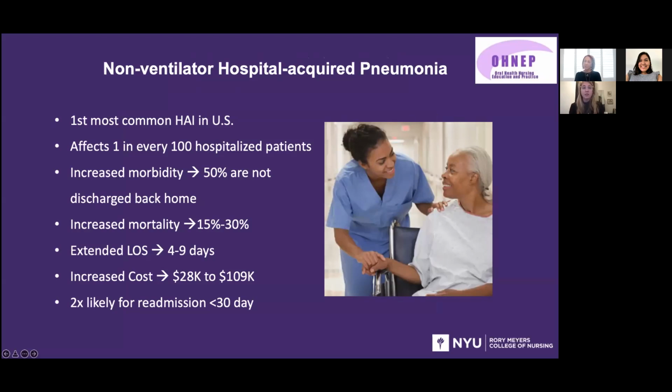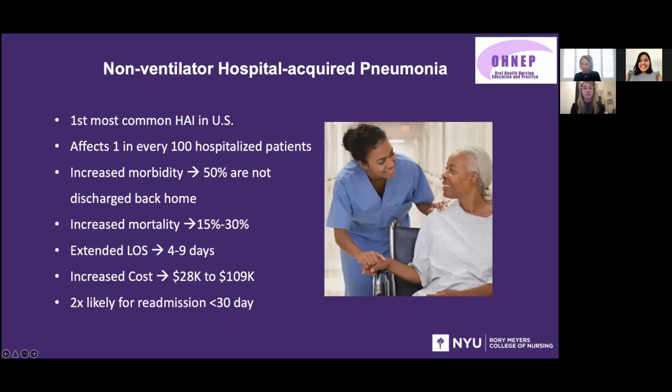So NVHAP is the most common hospital-acquired infection in the US. And even though it is one of the most common and morbid healthcare-associated infections, it's not often tracked or reported by healthcare systems, which is something we'll talk about a little bit more later. But multiple episodes of healthcare-associated pneumonia, or HAP, can occur in critically ill patients or those patients that have lengthy hospital stays.